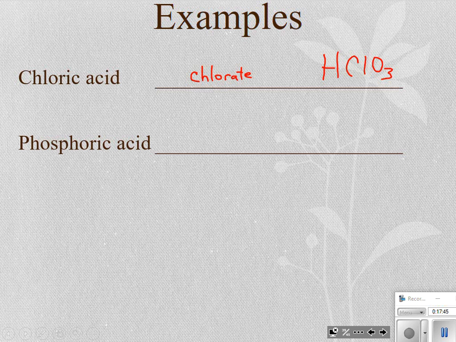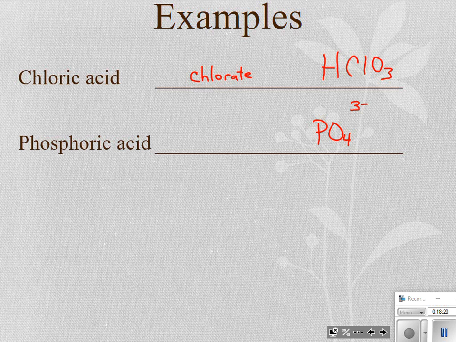Phosphoric acid. IC, 1 or 3, what rule? Number 3. So what am I looking for here? Phosphate. What is phosphate? PO4, charge 3 negative.